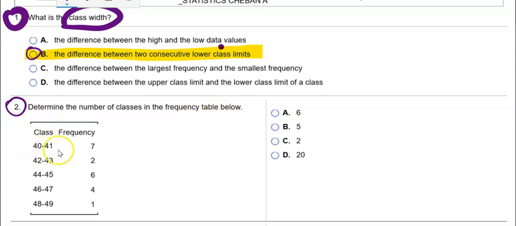So you count the classes here: 1 class, 2 class, 3 class, 4 class, and 5 class. So the number of classes here is 5. Again, this is the first class, 40 to 41. 48 to 49 is the very last class, which is going to be the fifth class. That is the number of classes in this frequency table: 5.